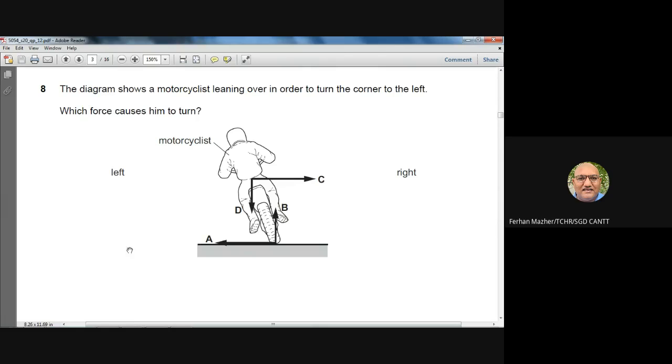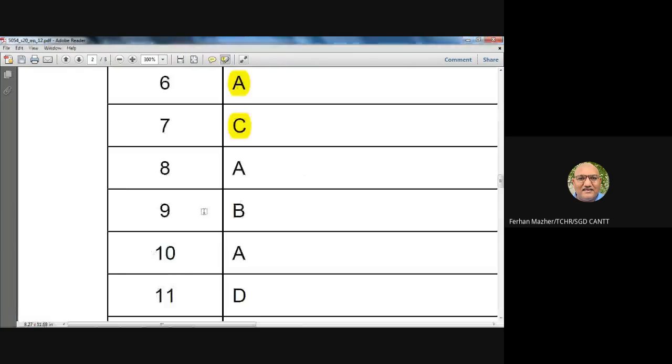So the circular path here, its center will be in the direction of A. So the resultant force must be directed towards the center of the circle in which that body is turning. So A is the right answer. Question 8, A is the right answer.